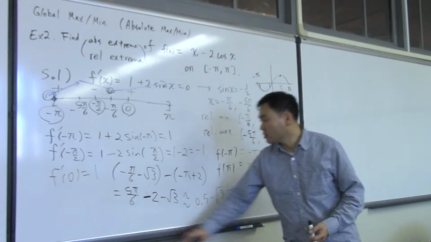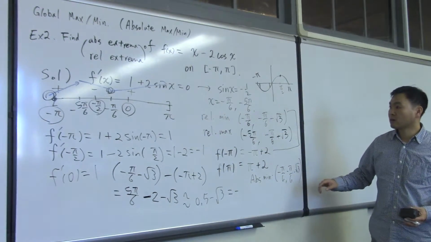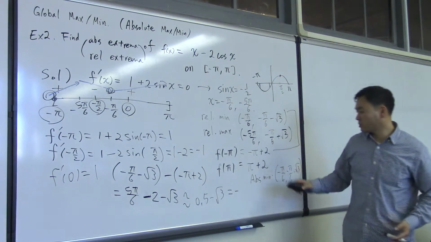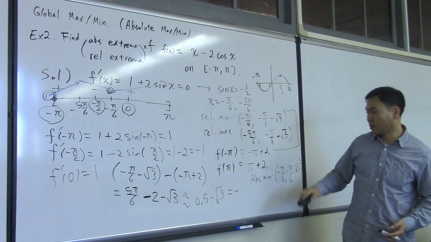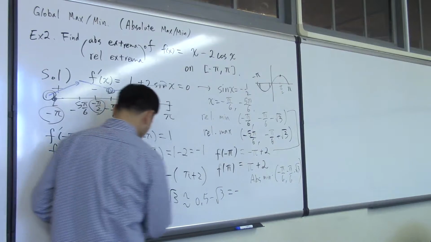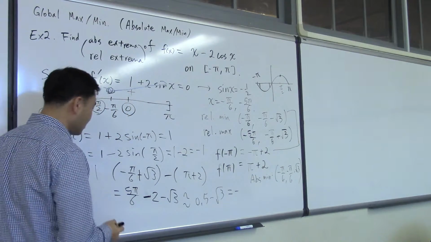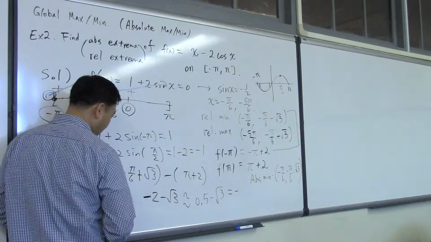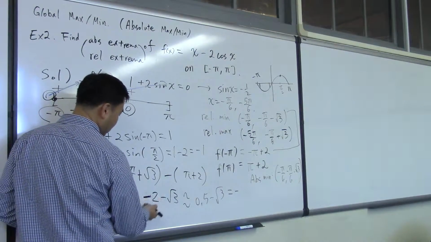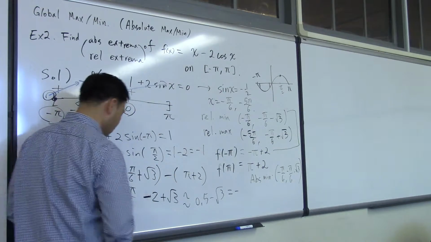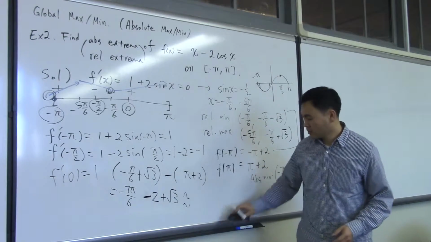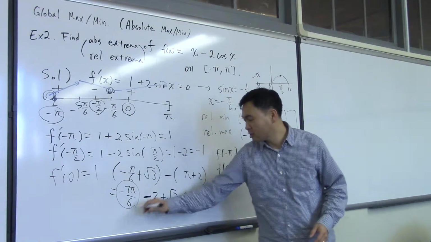Now we can do another similar argument. This time, it's either this or that, that's the maximum. So let's pick this number and subtract that one. It's very similar to the previous one, just off by some signs. Then we have negative 7 pi over 6 minus 2 plus radical 3.